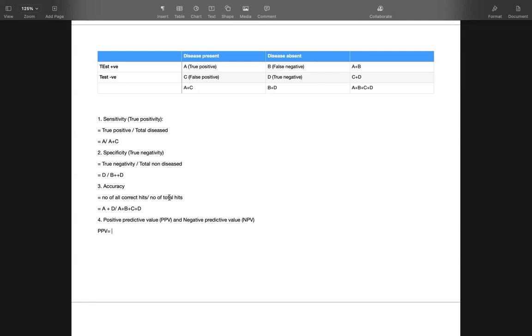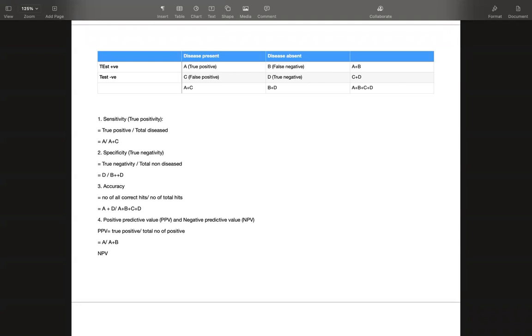The formula of positive predictive value is true positive divided by total test positive. True positive is A, divided by the number of positives, which is A plus B.